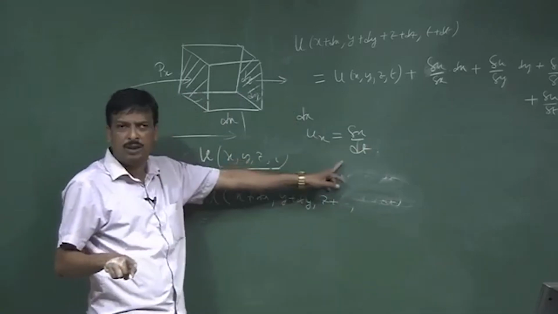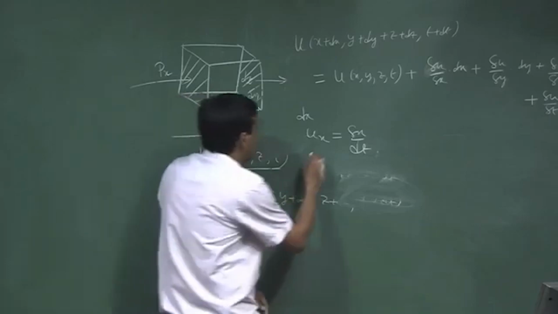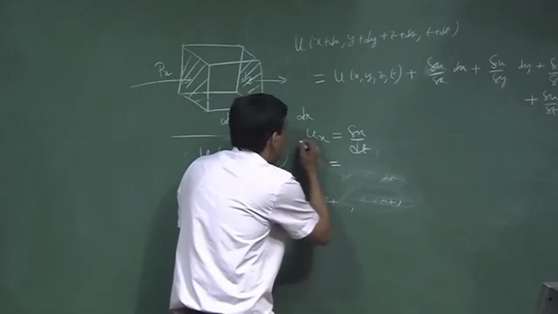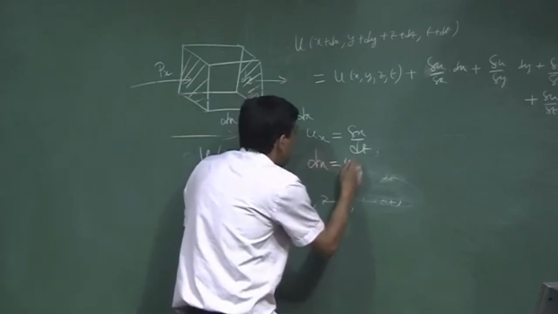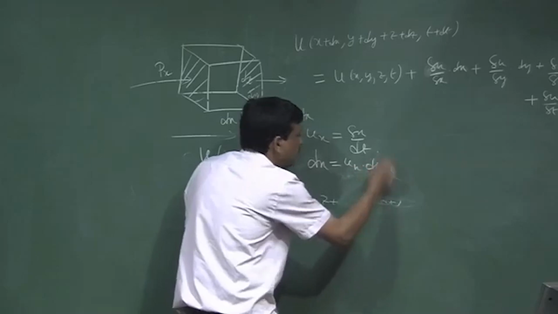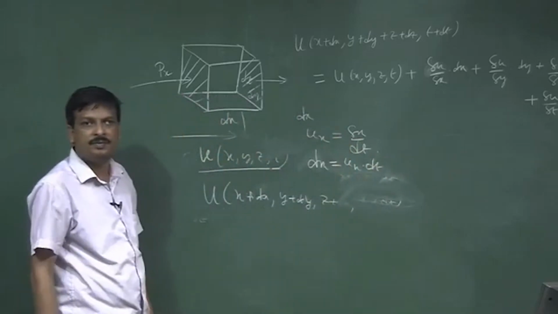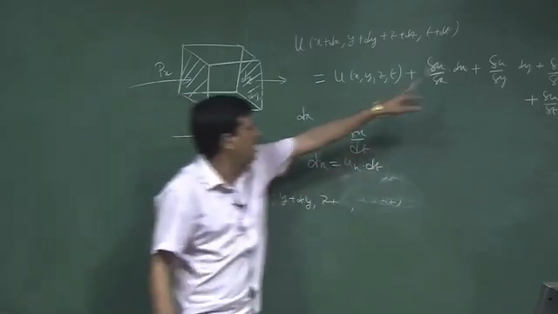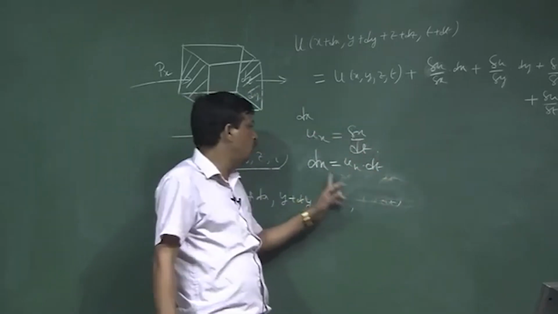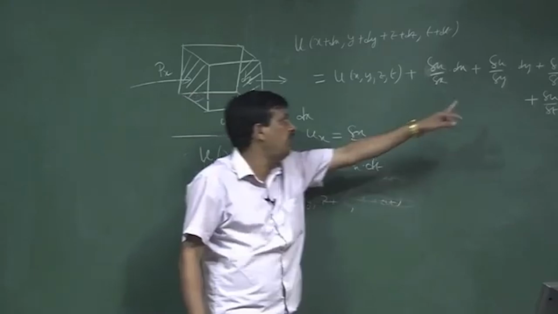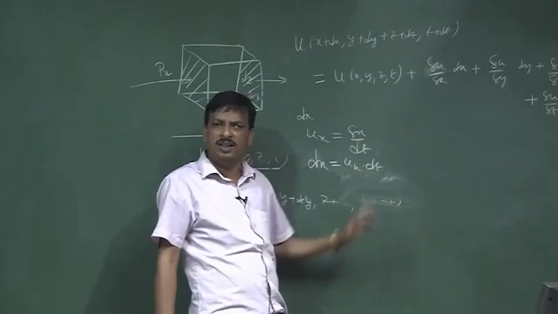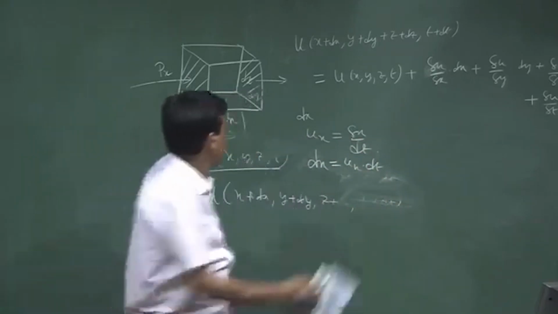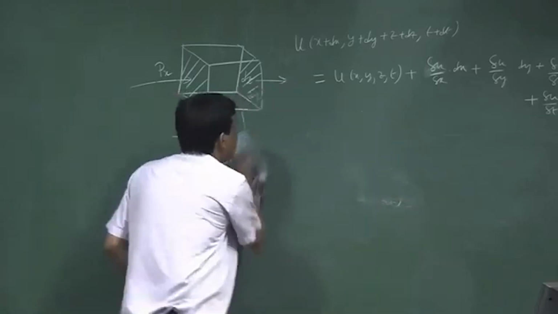The rate of change of displacement is equal to the velocity. So dx is nothing but ux into dt. Similarly, dy is uy into dt, and dz is uz into dt. So I put these things in the equation.